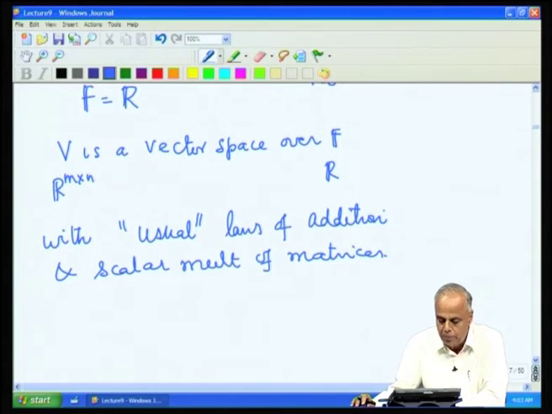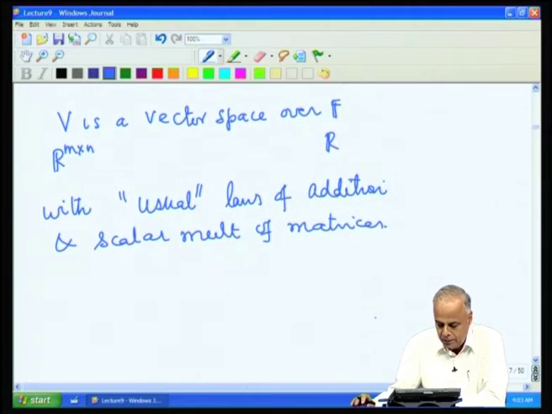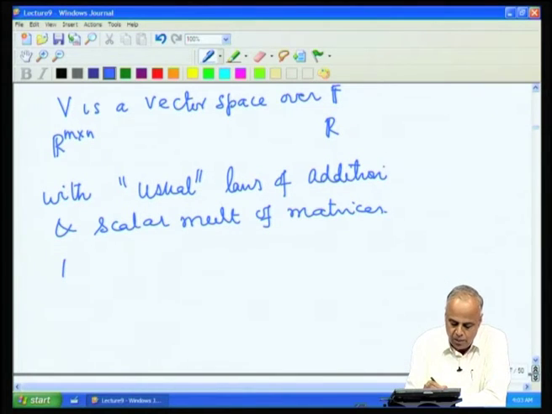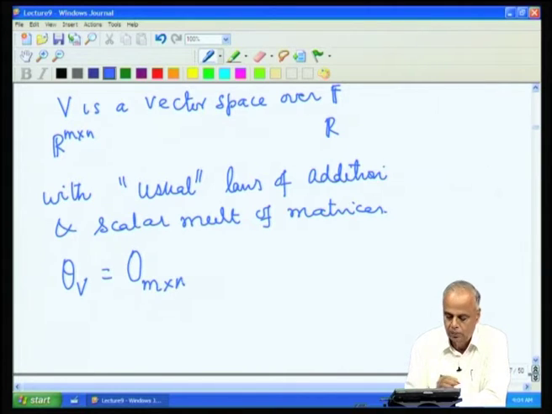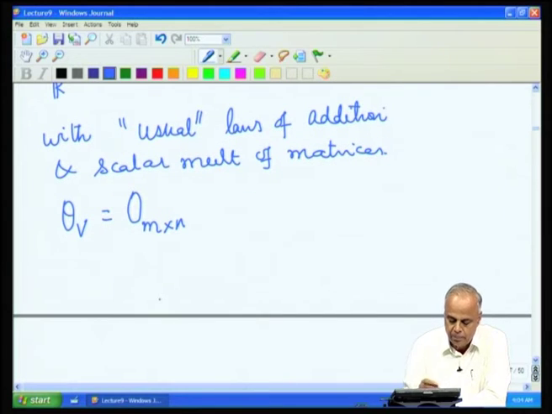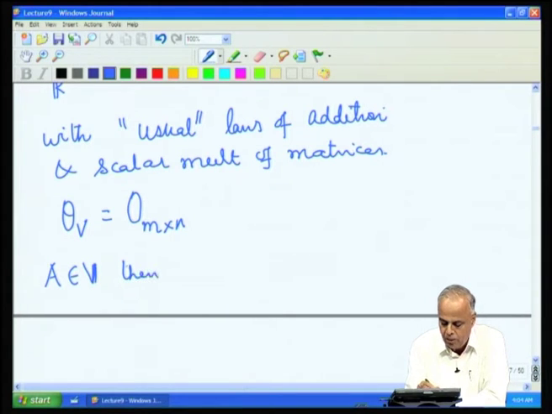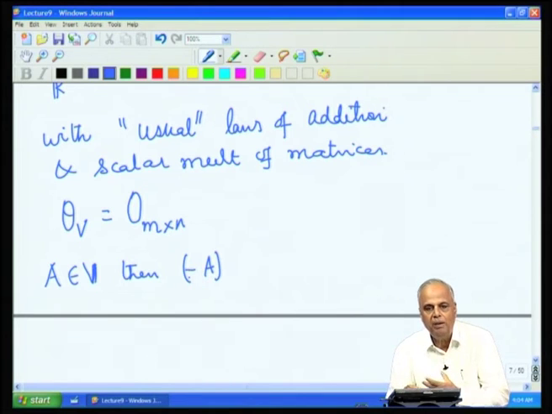So, we have the vector space of real matrices. What is the 0 element of this vector space? It is the 0 matrix with m rows and n columns. So, in this vector space the 0 element is the 0 matrix, and if A is a matrix in this vector space, then what is minus A? Minus A is a matrix obtained from A by taking the negative of each element.